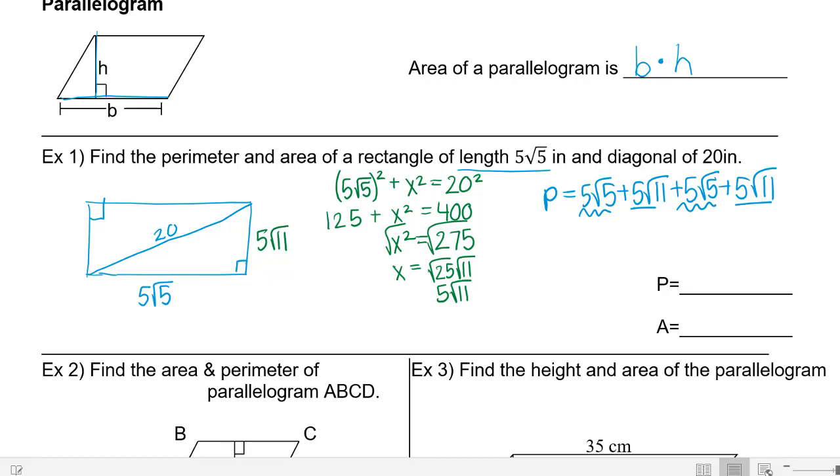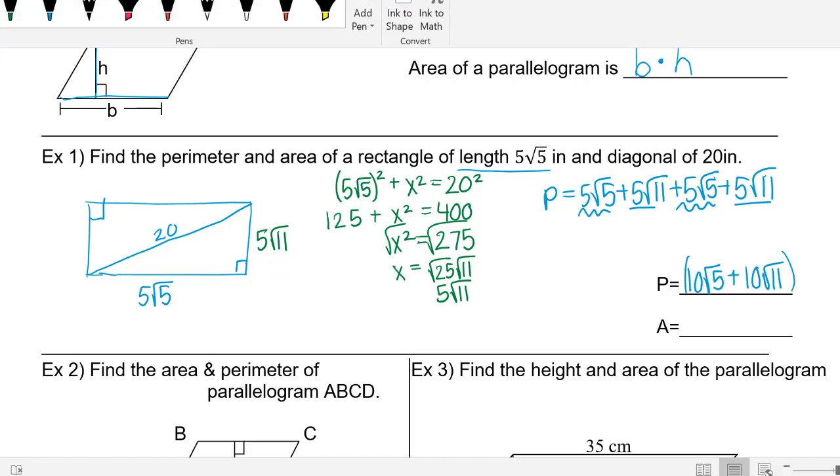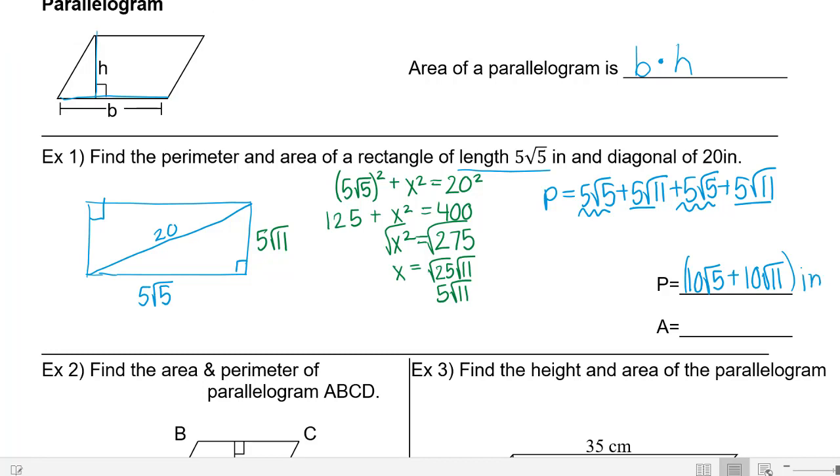So 5 root 5 plus 5 root 5 is 10 root 5. And then we have 5 root 11 plus 5 root 11 to create your 10 root 11. So that's our perimeter of our figure in units. Oh, we're given specific units as inches, so we can define that as inches instead.